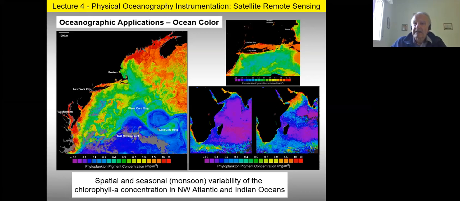Ocean color, as I told you before, can be used also as an indicator of what kind of dynamical or kinematical properties of the ocean are present.